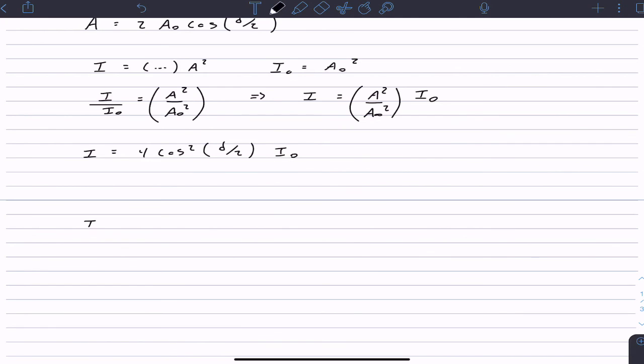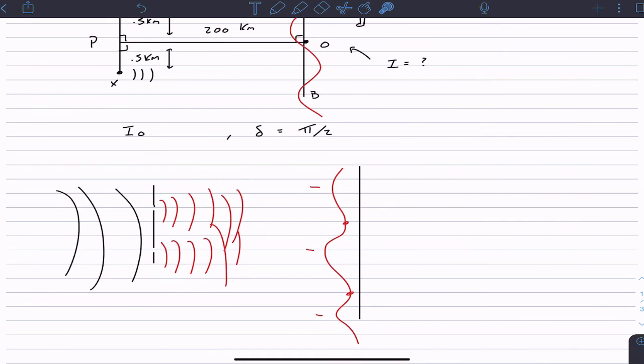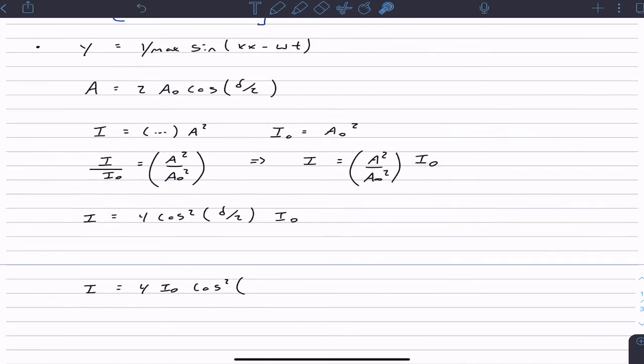Now using this, let's plug in here. So cosine squared delta over 2. Well, what's delta? Delta was from before, it was pi over 2. That's what we were given, right?